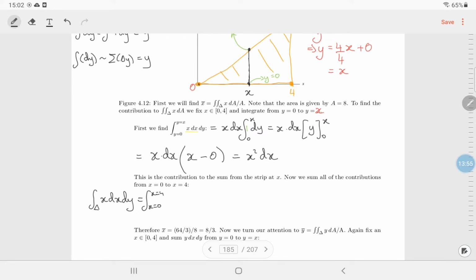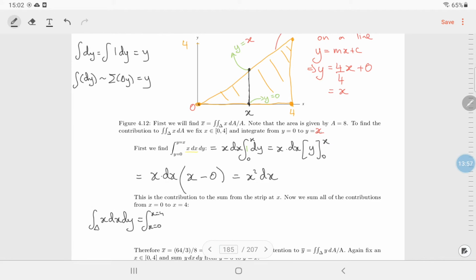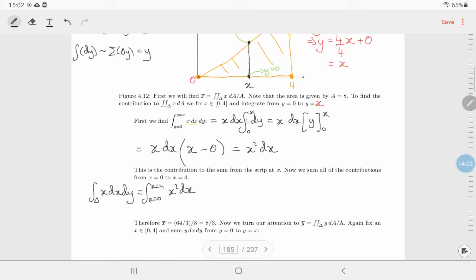What's the contribution to the sum at the strip at x? We just calculated it was x squared dx. Okay, now how do we calculate integrals? Well, we anti-differentiate. What's the antiderivative of x squared? x cubed over 3. And we're going from 0 to 4.